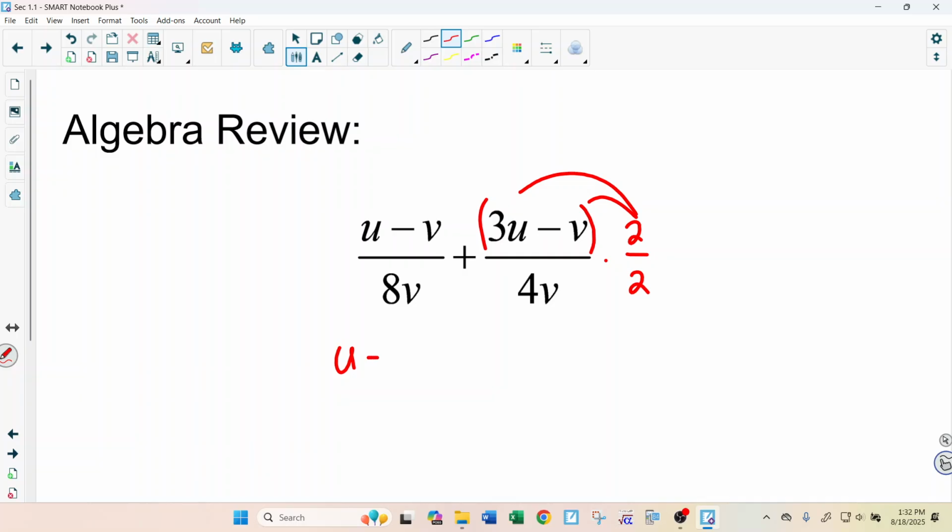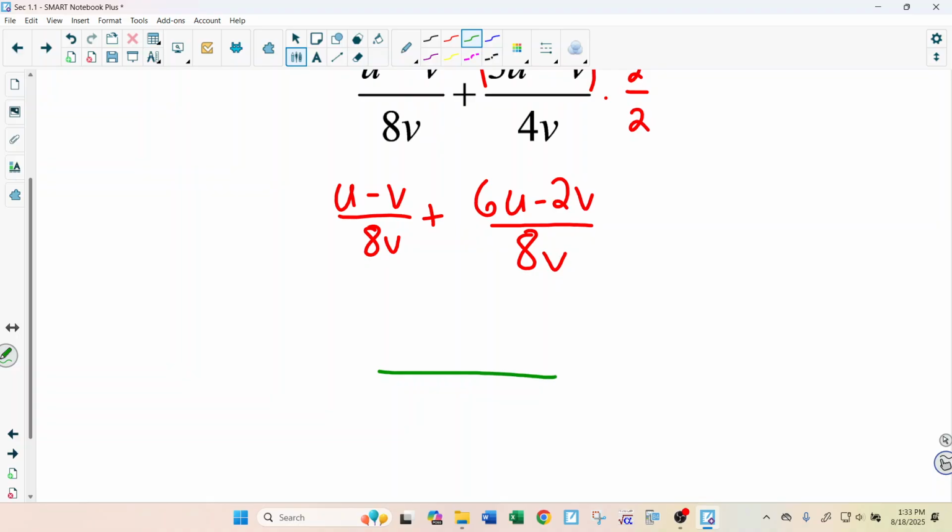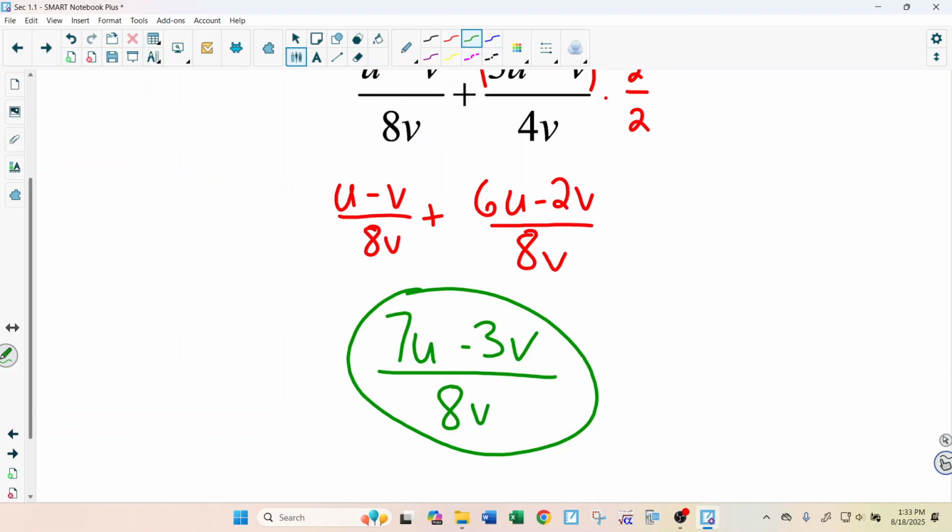So this is u minus v over 8v, and this is 6u minus 2v over 8v. And now if we combine our like terms, our bottom is just 8v. And on the top I have u plus 6u is 7u minus 3v. And there is nothing we can cancel there.